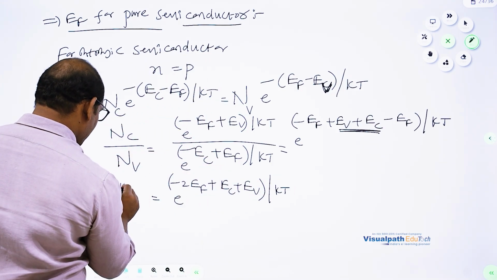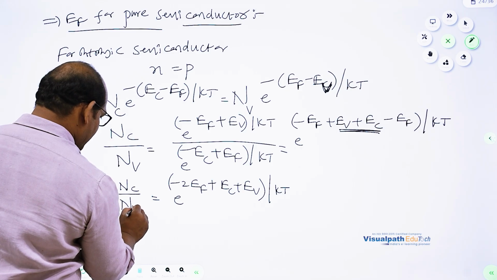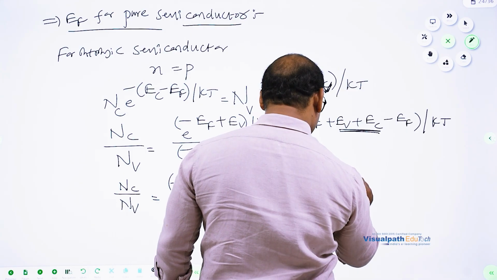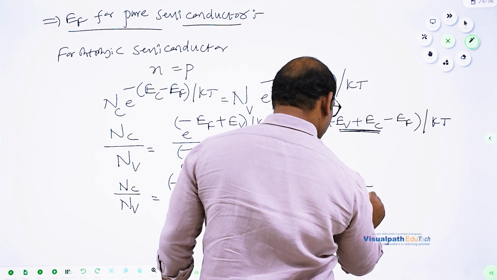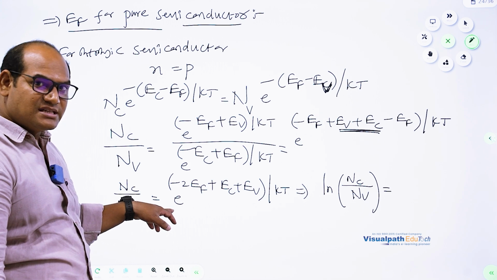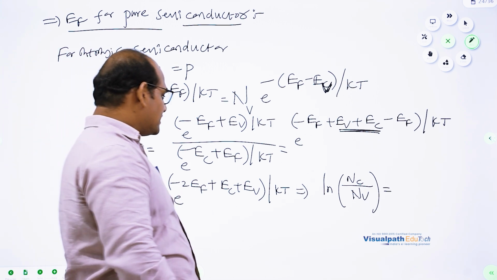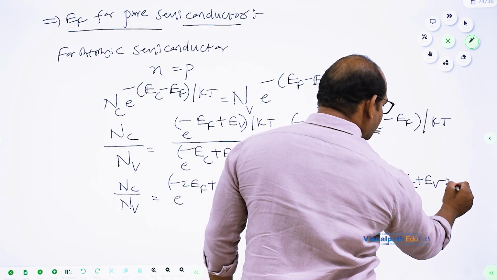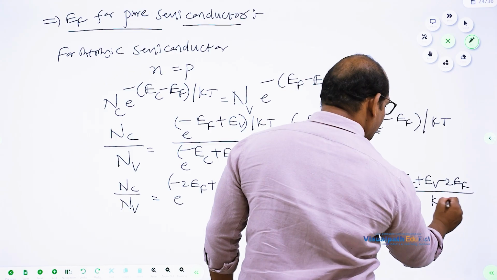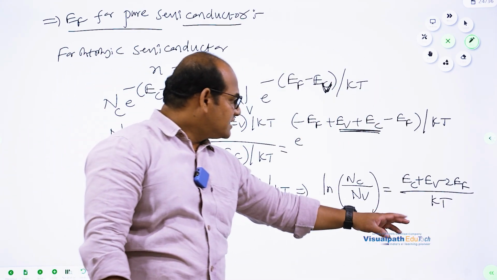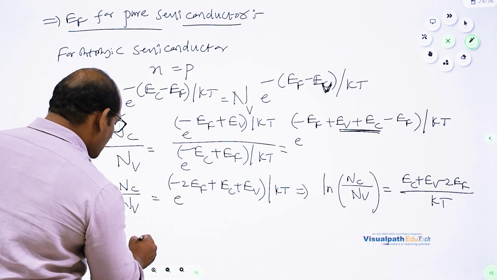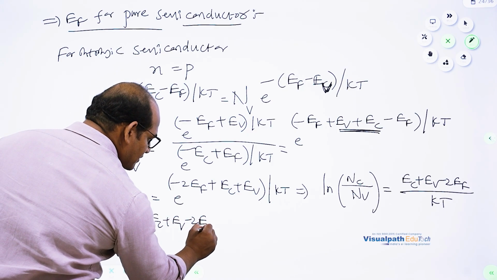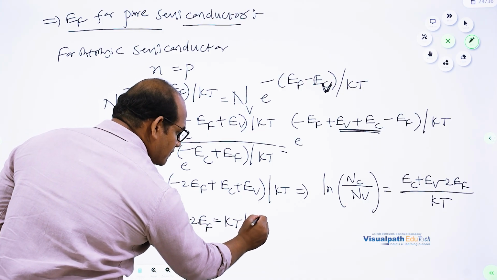By KT, and on the left side we have Nc by Nv. Simply we can take the natural logarithm on both sides. You will get logarithm of Nc by Nv equal to, since the exponential is there, if you take the natural logarithm it will be cancelled, so the right side is (Ec plus Ev minus 2 EF) by KT. Send this KT to the left side. So you will get Ec plus Ev minus 2 EF is equal to KT times ln of Nc by Nv.